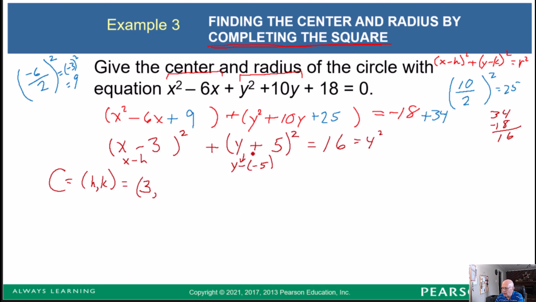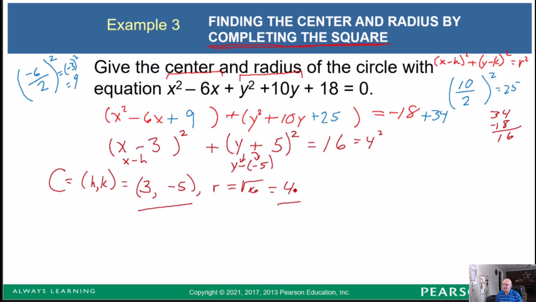So we can look at this one and say that's the y coordinate. So this will be a -5. It will always be the opposite of whatever this number is right here. So that's the center. And the radius is, of course, the square root of 16, or 4. There you go.